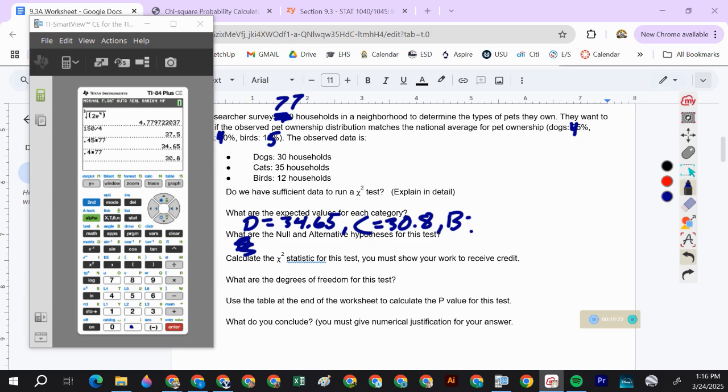And birds, so 0.15 times 77 is 11.55. Okay, does everybody understand that? Anybody confused where those numbers came from?